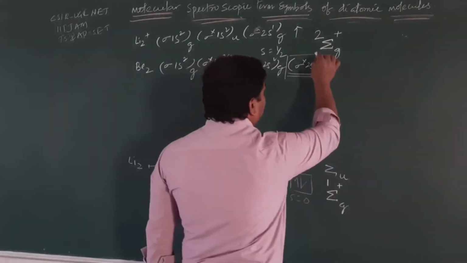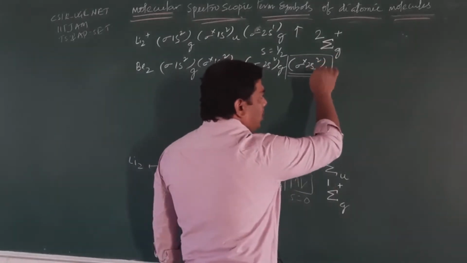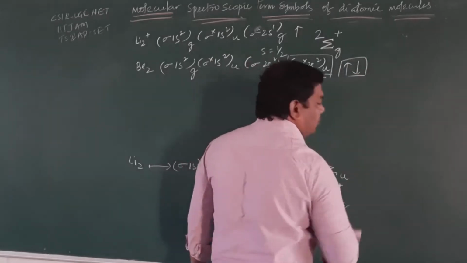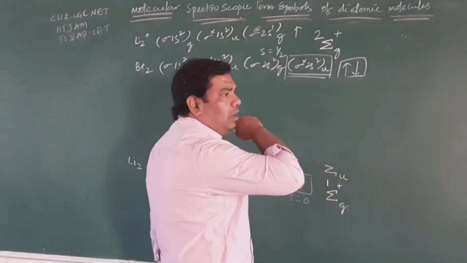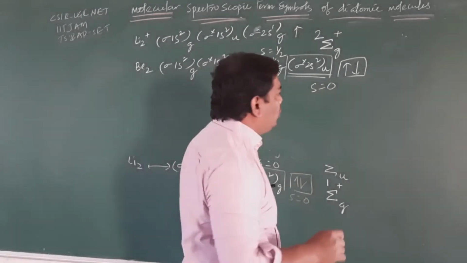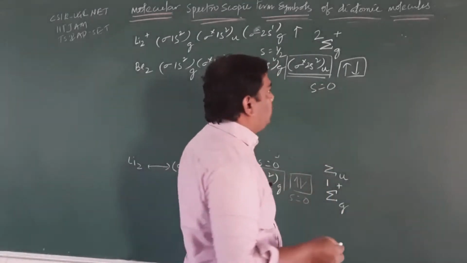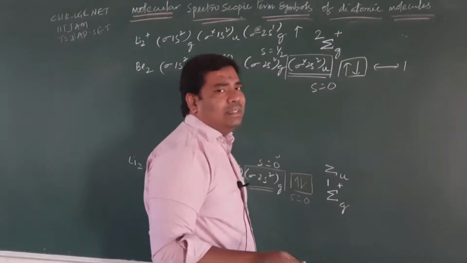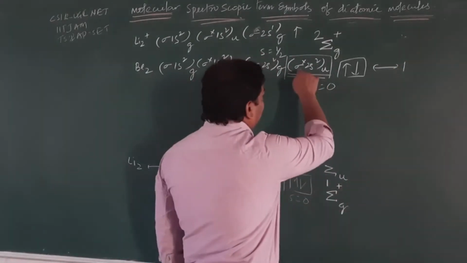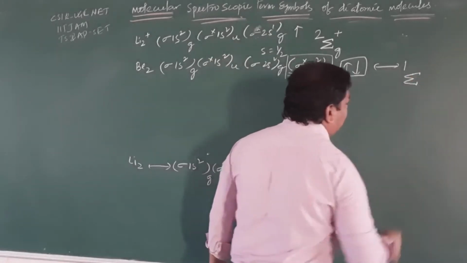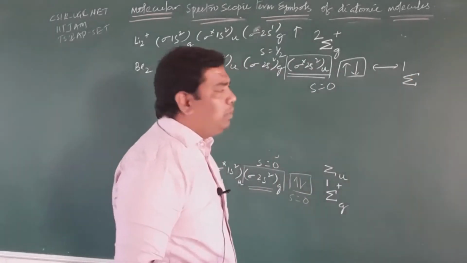Here the orbital is completely filled, so S is equal to 0. Therefore 2 into 0 plus 1, so the spin multiplicity is 1. The electron is present in the sigma level only, so you can write the term symbol as sigma.